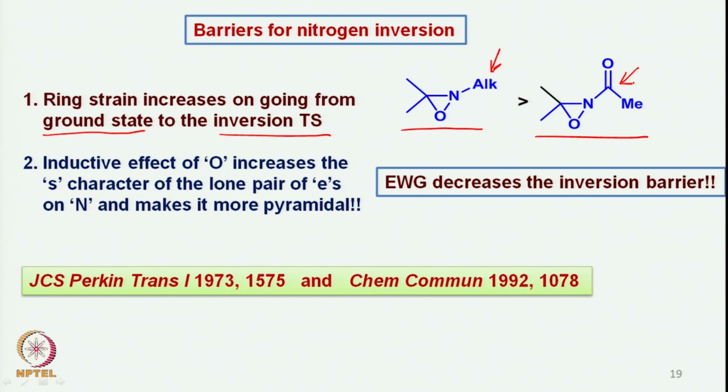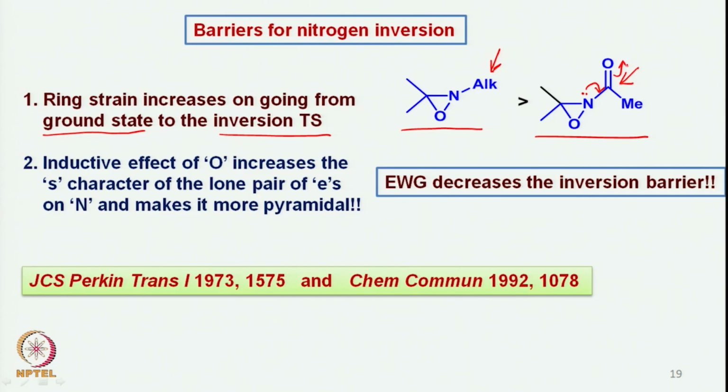So, the inversion barrier basically decreases with electron withdrawing groups, because the lone pair of electrons on the nitrogen would now be in conjugation with this. Therefore, there is an easy possibility of inversion of the configuration at the nitrogen.